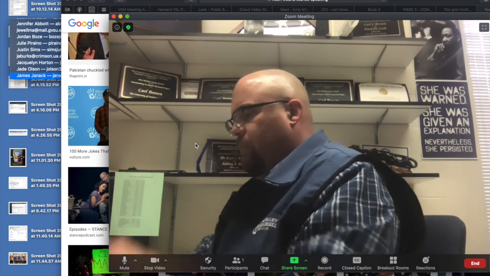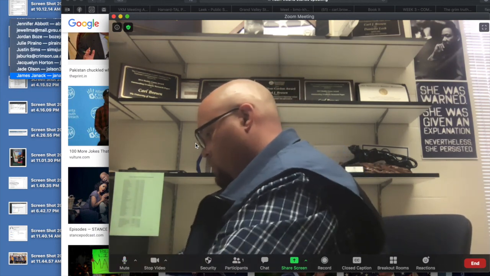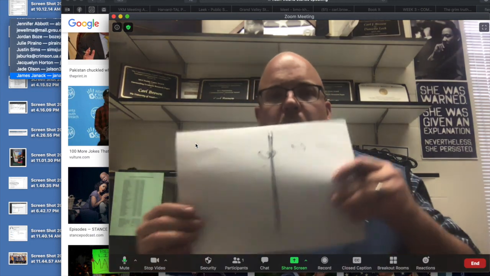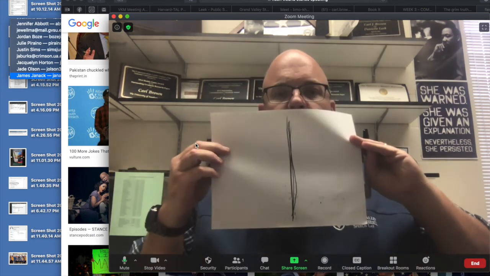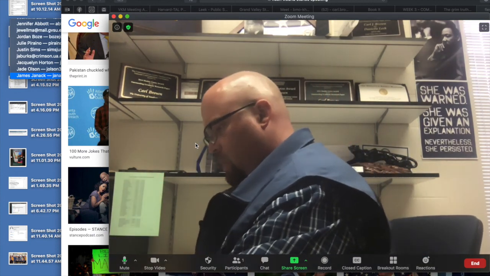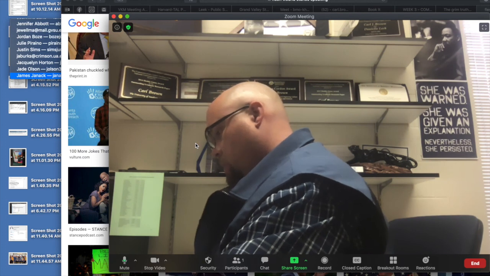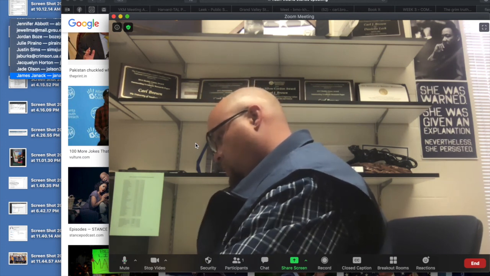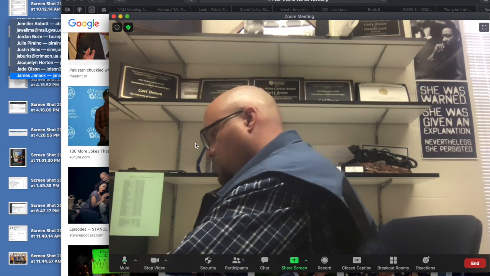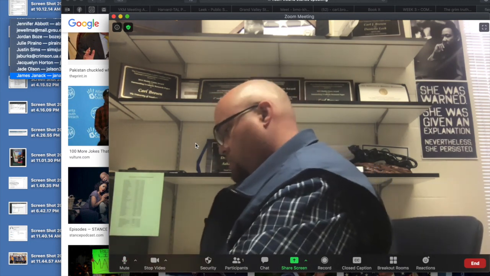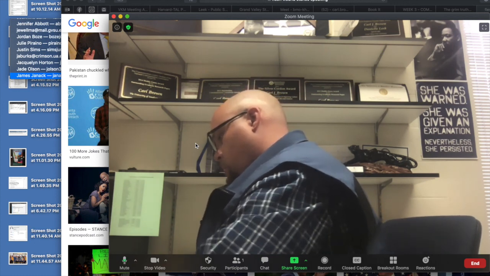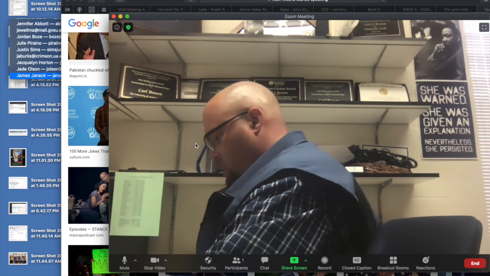So now you've got 2 pages with 2 columns on each page. Okay, there they are. On the front, you might do intro, main point 1, actually, main point 1, main point 2, main point 3, and conclusion.